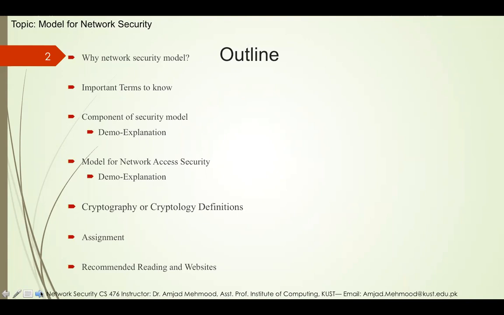Cryptography or cryptology definitions. Then I'll give you an assignment. Finally, I recommend some reading and websites which will not only help you making your assignment, but also make your course more interesting and exciting.